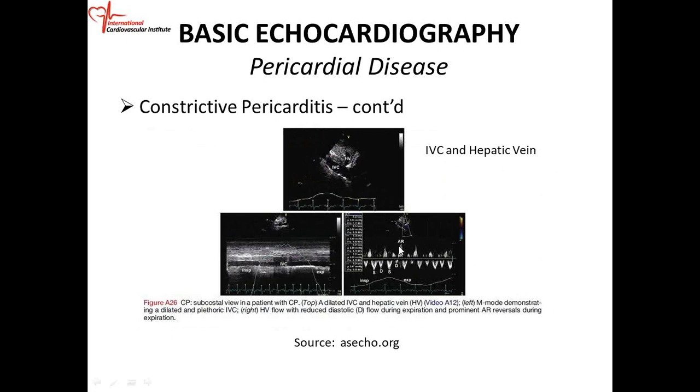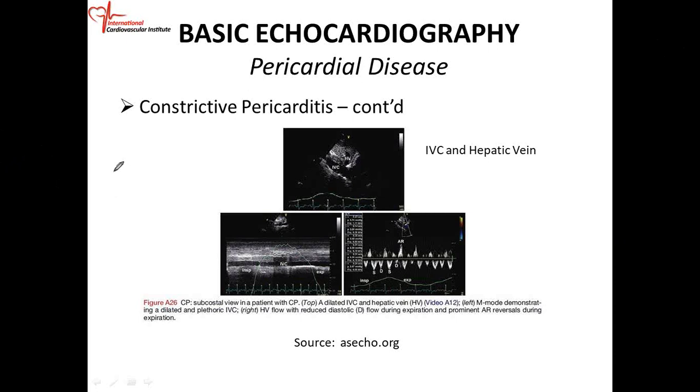Okay? Remember, your normal hepatic vein flow, you guys should be on top of this. You're supposed to know this fully. Your normal hepatic vein flow, all right, let's draw it.